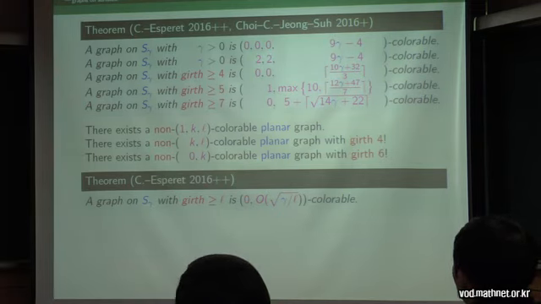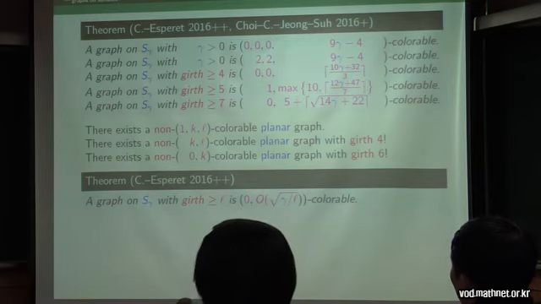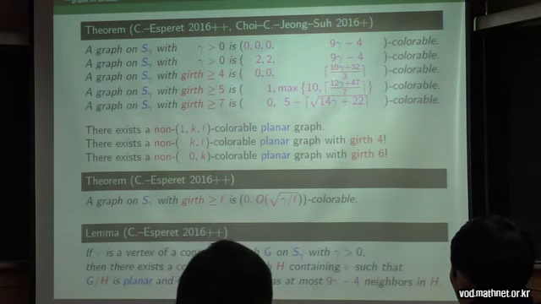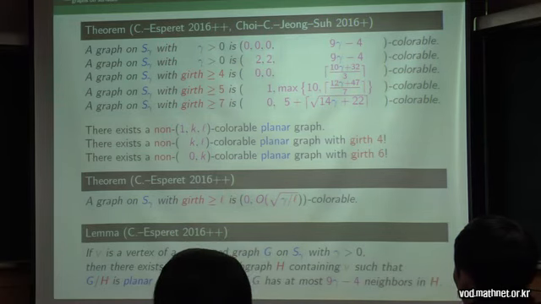Okay, so now I'll talk about the proofs. For the first two results that don't have these girth constraints, we use this lemma. What this lemma says is you fix some surface and you can pick any vertex you like.